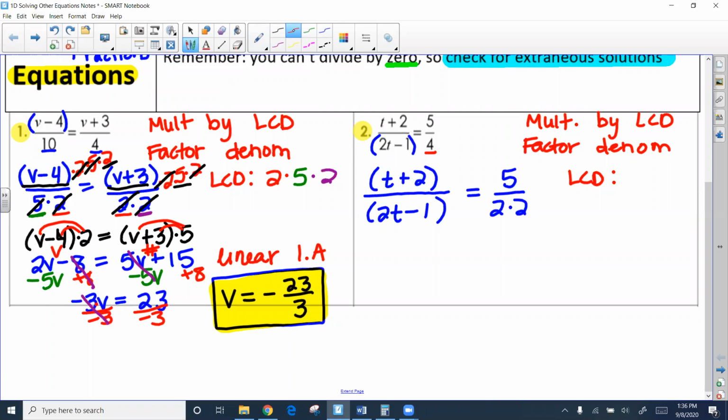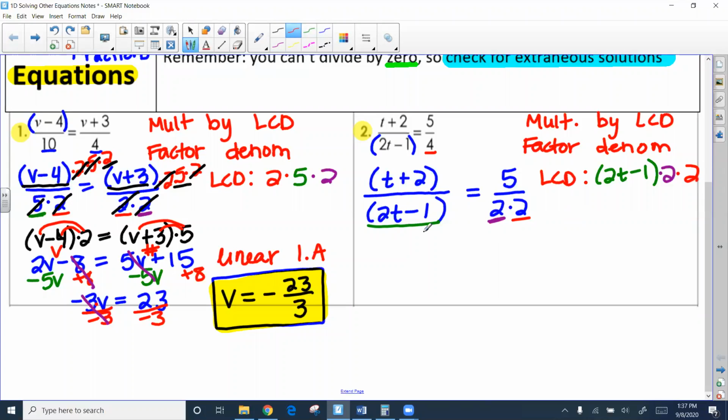Since there's not common factors, to find my LCD, I just use all the factors. So I have to use a 2t minus 1, and I have to include this 2 and this 2.